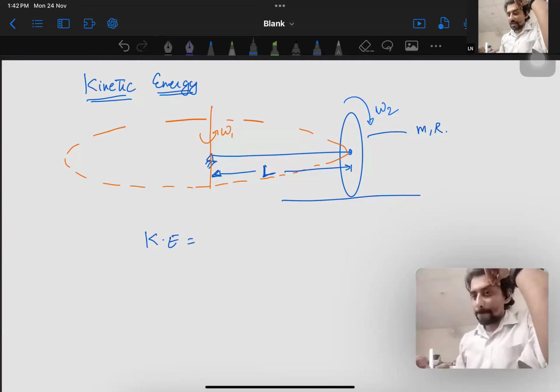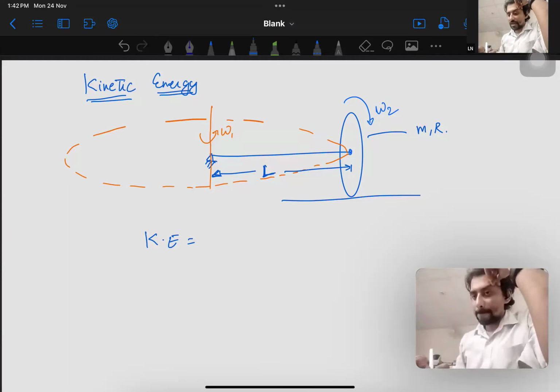So KE of rotation about one plus the KE of rotation about the other axis, axis number two. This is the total kinetic energy. Very simple concept. It is not at all difficult. It can be cracked easily, effortlessly.